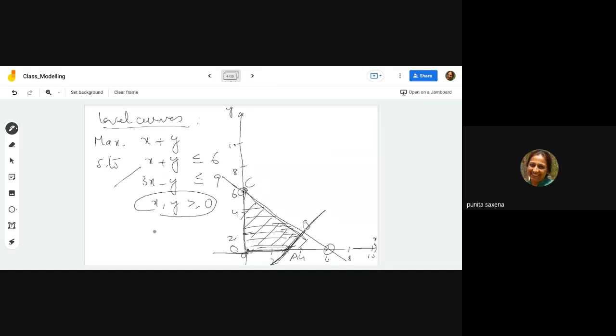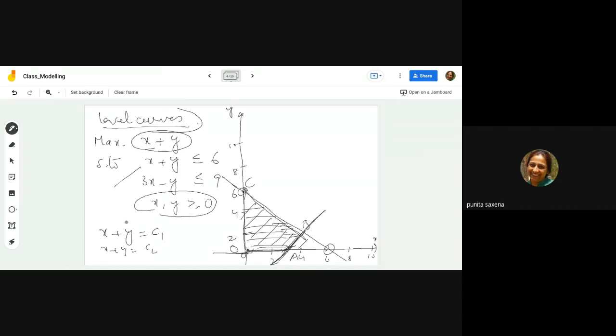Now, as I was saying, one option is that I number the coordinates O, A, B, and C, the way we have been doing. The other is the level curve. What do we mean by level curves? See, what is this objective function? It's again a straight line, x plus y equal to something. So it can take on some value, x plus y equal to c1, x plus y equal to c2, and so on.